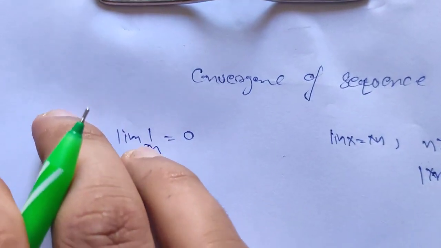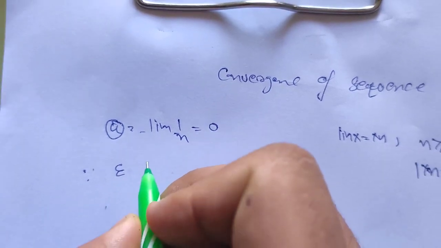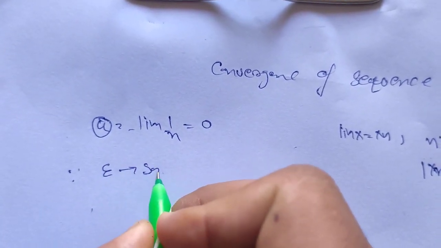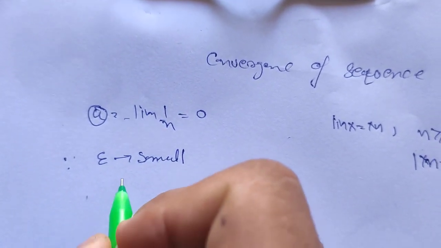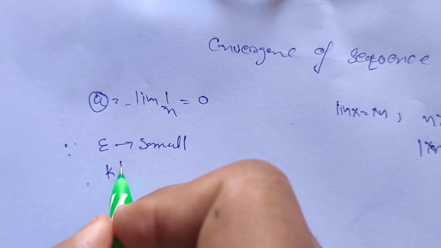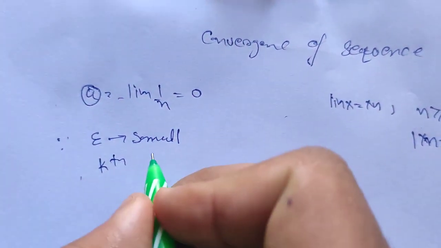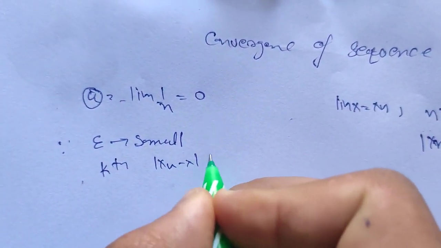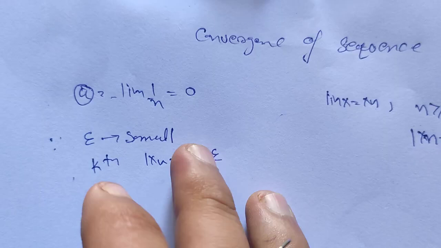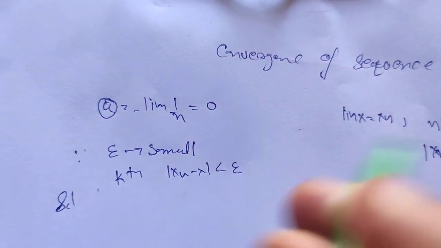Okay, now since epsilon is very small, after the kth term all the values satisfy that xn minus x is always less than epsilon. Now the main solution.